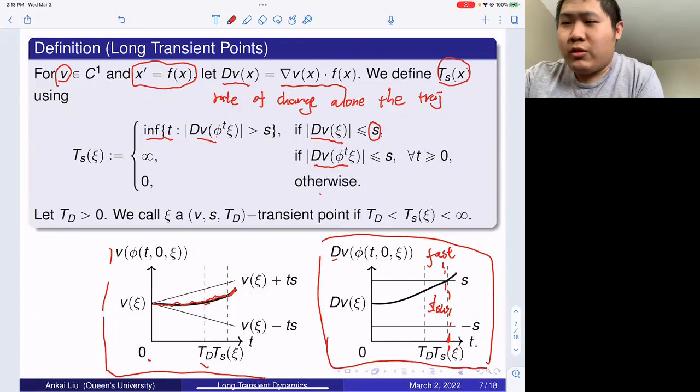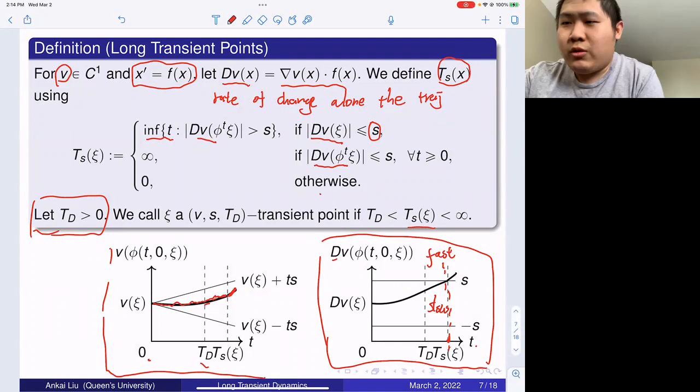Okay, let me just finish the definition. Let's say we have a T_D. This T_D captures the notion of long. So we call psi a V-S-T_D transient point if this hitting time is greater than T_D.